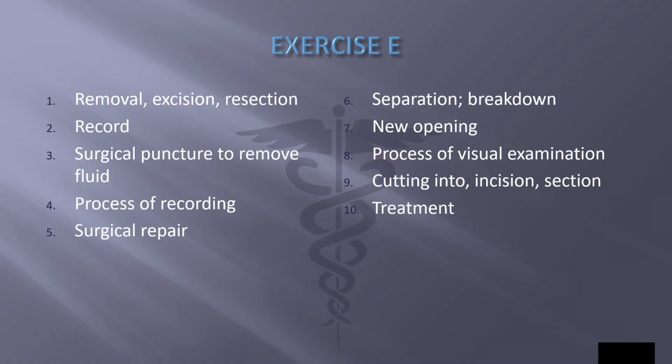Number 2, gram means record. 3, centesis means surgical puncture to remove fluid. 4, graphy means process of recording. 5, plasty is surgical repair. 6, lysis is separation or breakdown.